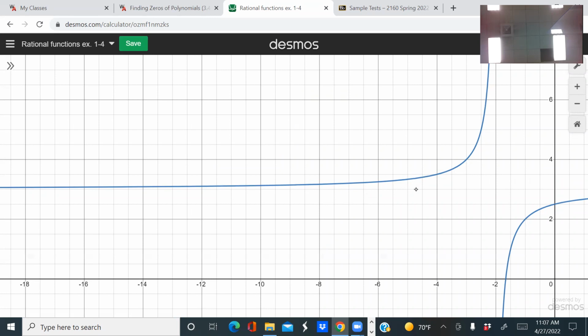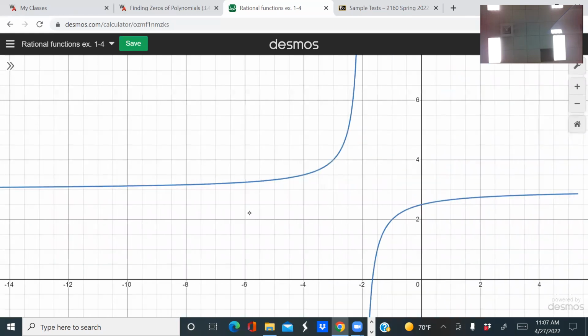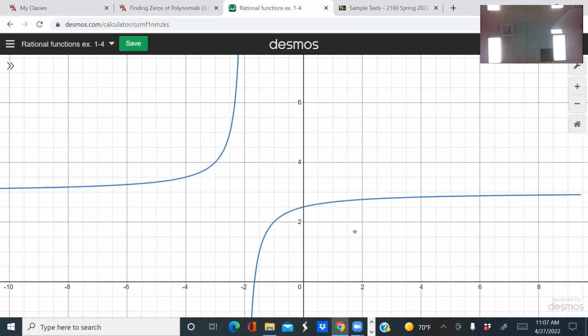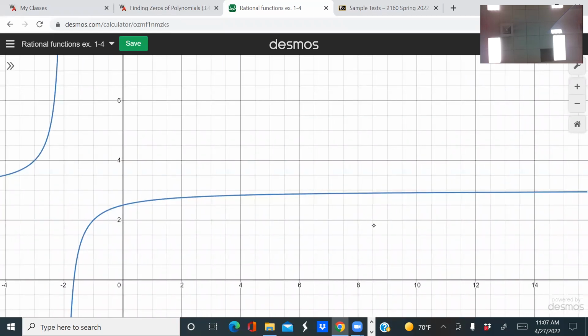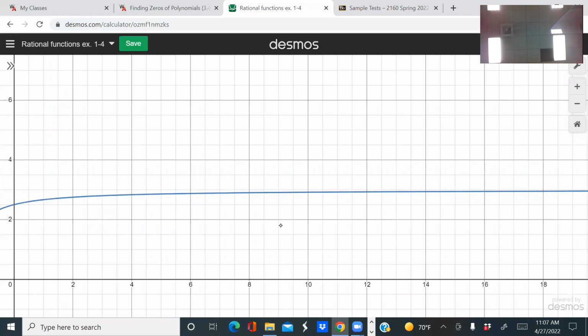And whatever that value is, I'm not sure what that value is. 3. And notice the same thing happens over here on the far right-hand side as you move far to the right.